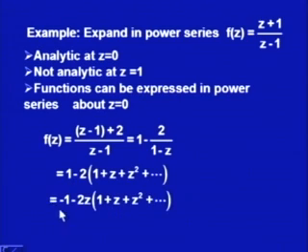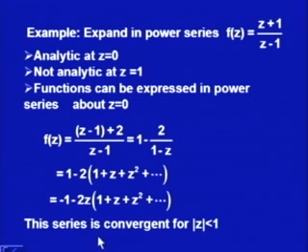After simplification, finally we will have f(z) equal to minus 1 minus 2z minus 2z square and so on, which will be convergent for modulus z less than 1, because about z equal to 0, if we draw a circle, then if the radius becomes 1, then z equal to 1 will be a singularity lying on the circle, and then the series will not be convergent. So, we say this series is convergent for modulus z less than 1.